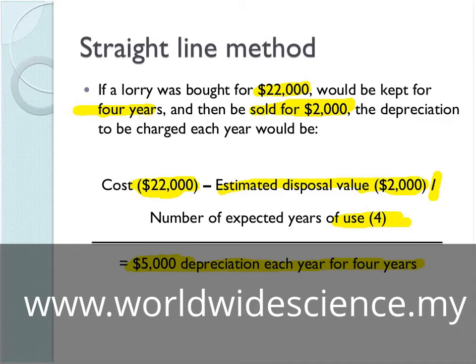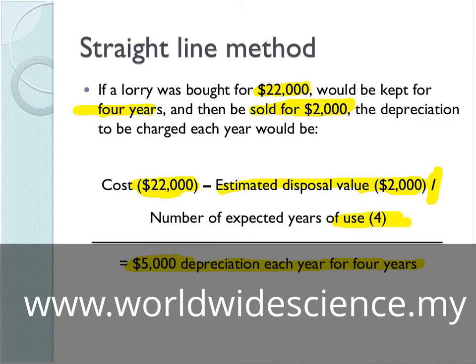22,000 minus 2,000 will be 20,000, which divided by 4 will be 5,000. Some of you have been doing it correctly; Mr. Akmal has given the right answer. I just want to copy his answer and send it to you.